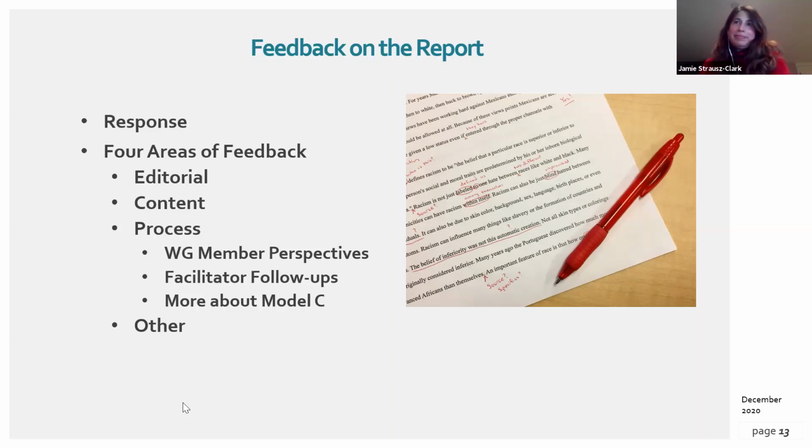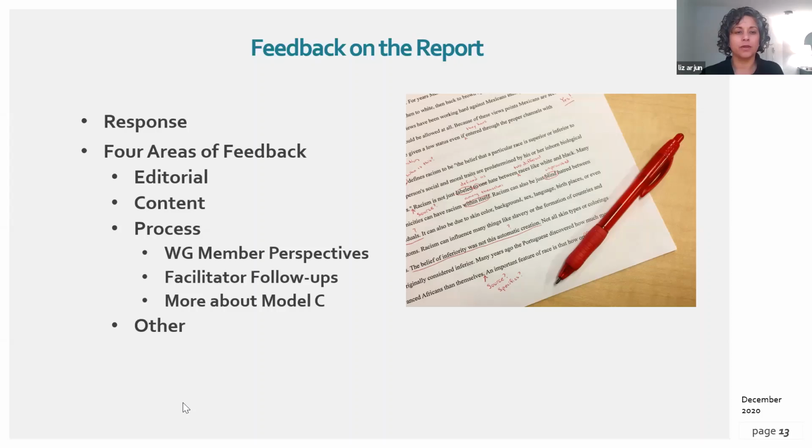Okay, thank you. We just wanted to spend a little bit of time talking about some of the feedback we heard on the report globally, and then also spend some time on the things that we need to address in that feedback together. So just to recap for everyone, we heard responses to the draft from about 7 or 8 people.